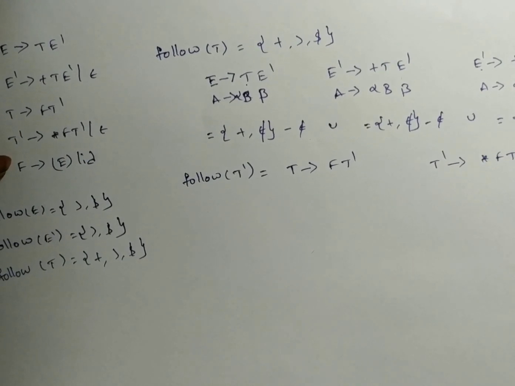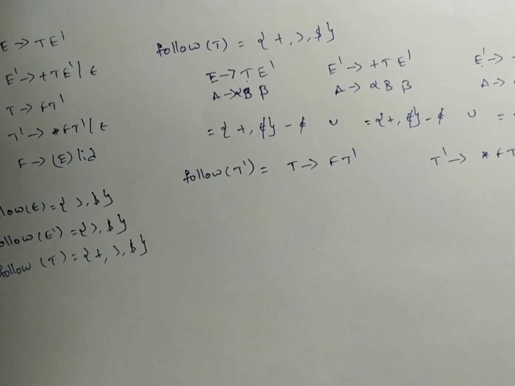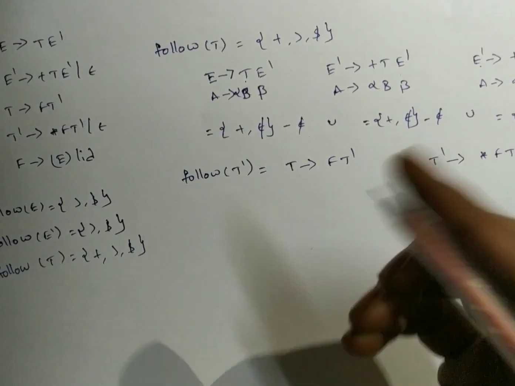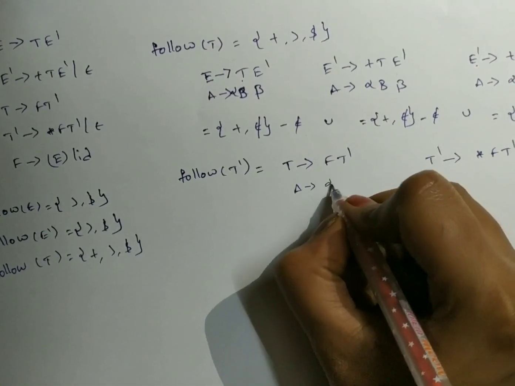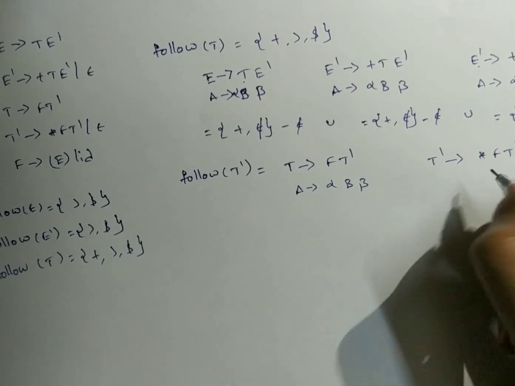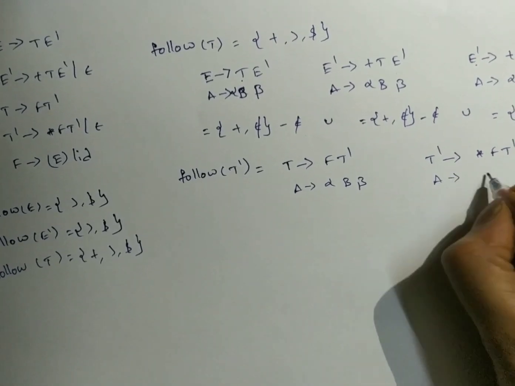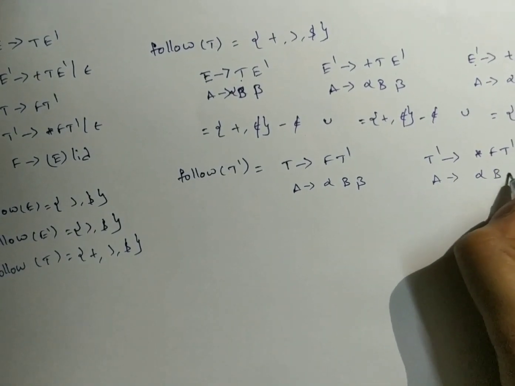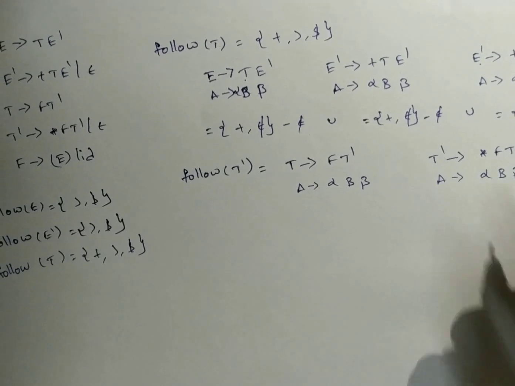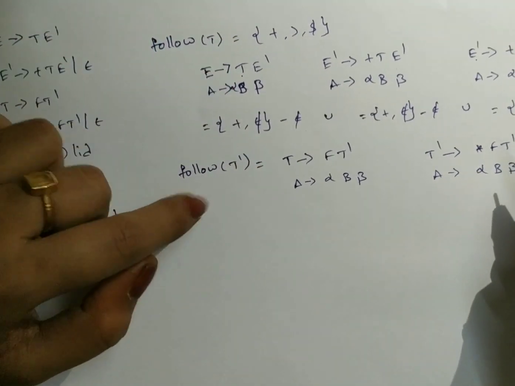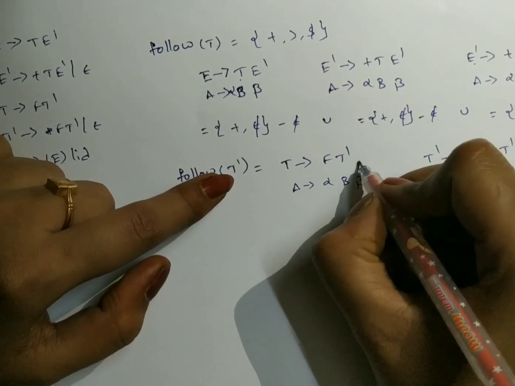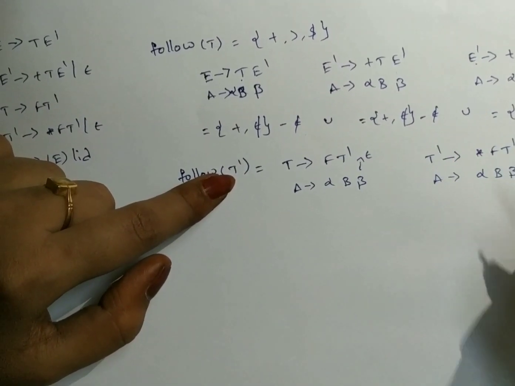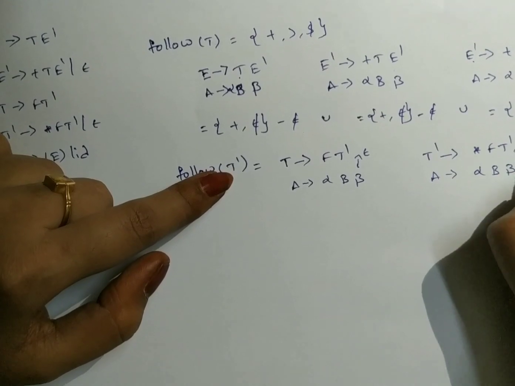Okay, by considering these two statements we need to find out the follow of t dash. Okay, by using the same formula, a derives alpha b beta. I am considering the same formula for finding the follow of t dash also.